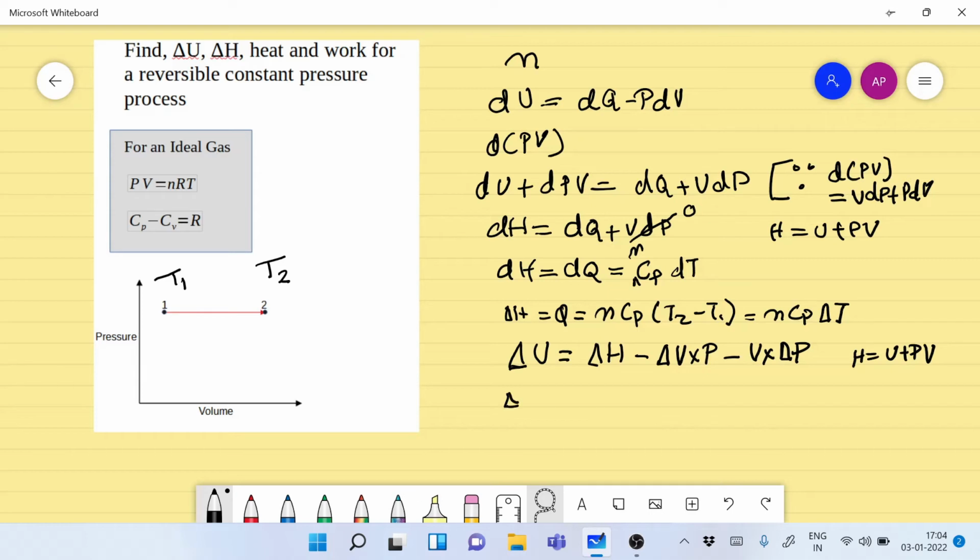Therefore, we get delta U, as the second term obviously is 0, delta H minus P delta V. Written in a differential form, this is dU is equal to dH minus P dV.